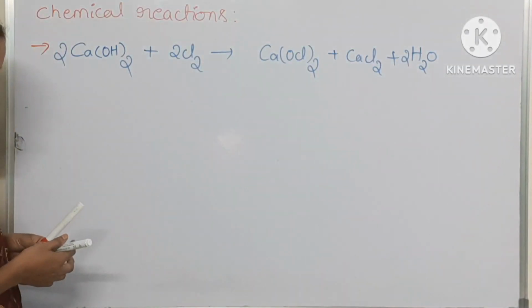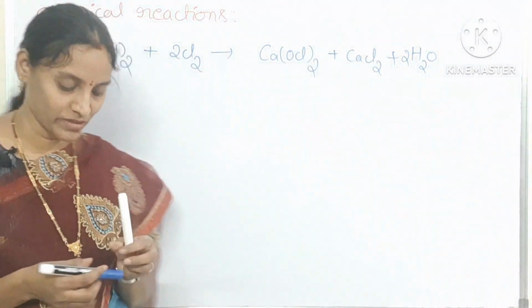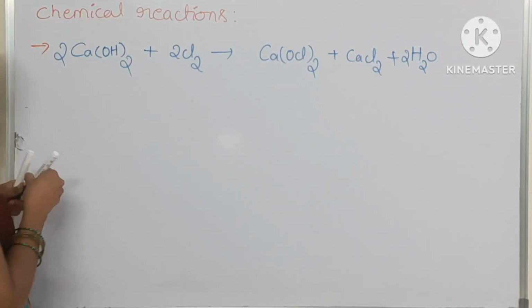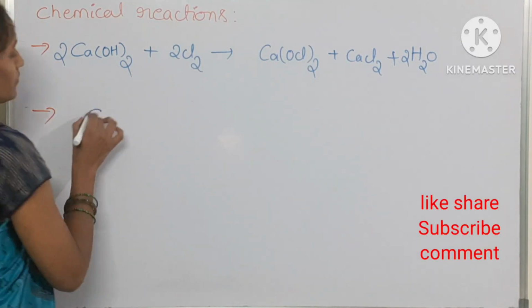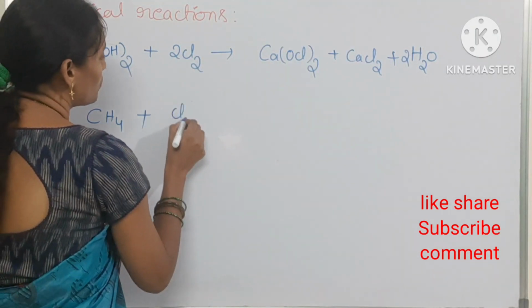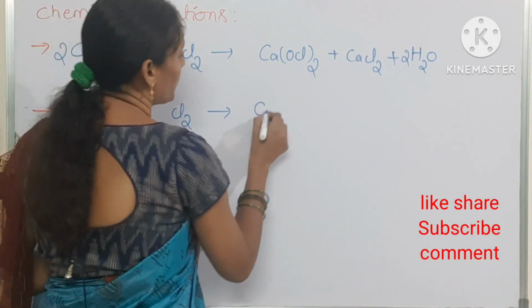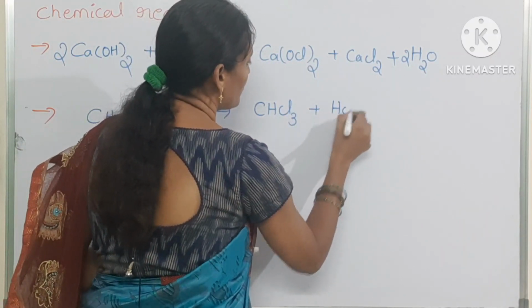Then next reactions, chlorine also reacts with hydrocarbons. You can take methane, CH4. It will react with chlorine. It will form chloroform, CHCl3 and hydrochloric acid.